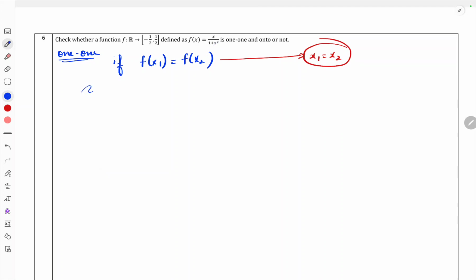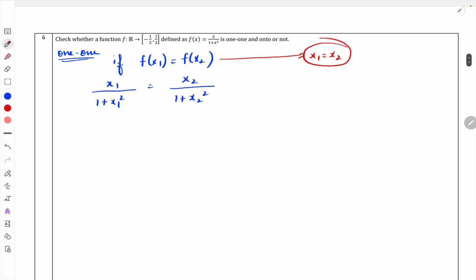So now what I will do here is, f of x1 is what, in place of x we have to put x1. So x1 divided by 1 plus x1 square equal to x2 divided by 1 plus x2 square. So I will cross multiply: x1 into 1 plus x2 square equal to x2 into 1 plus x1 square. Now I will just multiply this out.